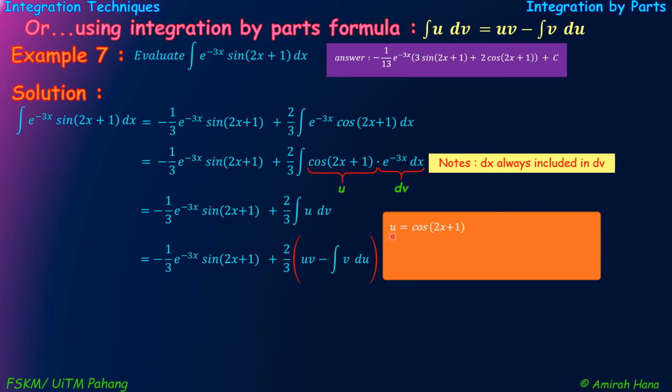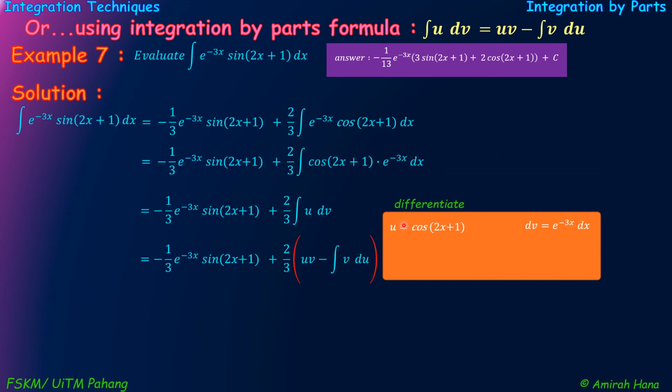From here, our u equals cos 2x plus 1 and dv equals e to the power of negative 3x dx. In the column for u, we need to differentiate. In dv, we need to integrate.